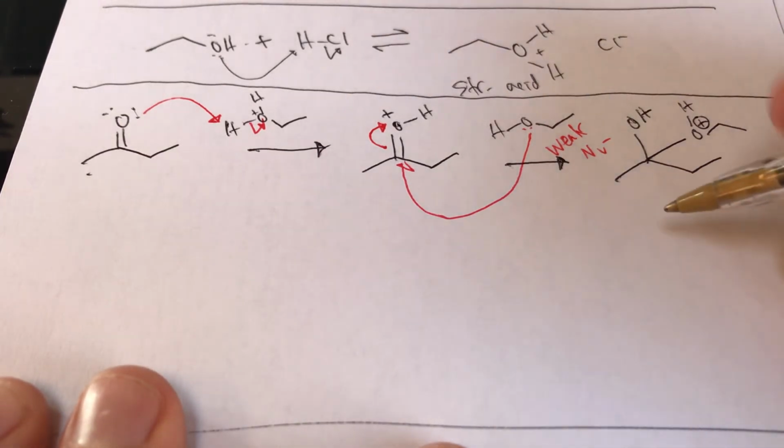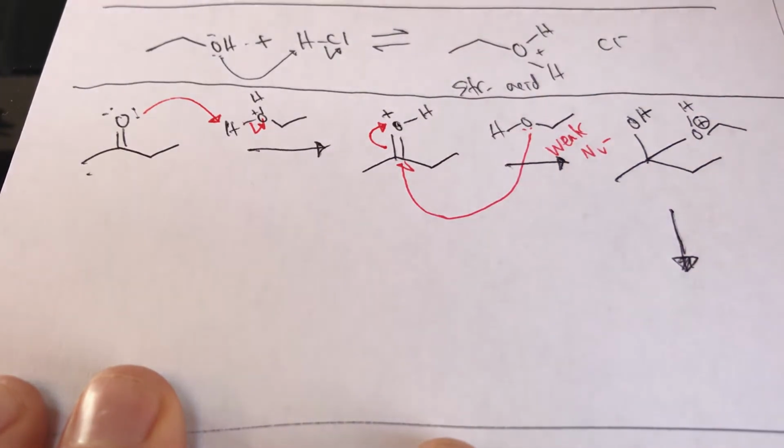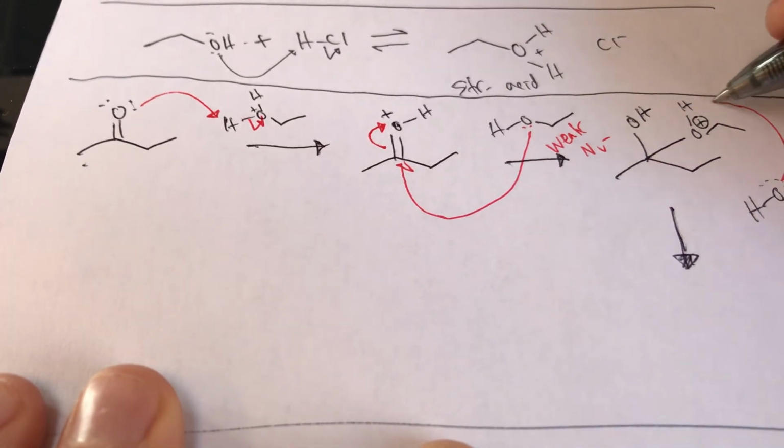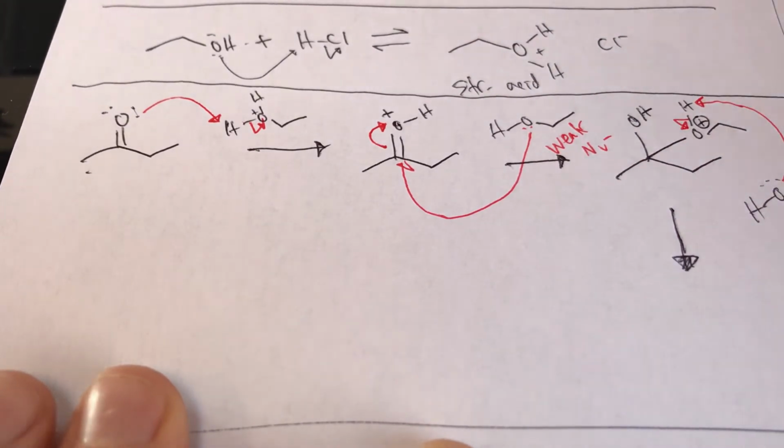So let's do a little weird one just to keep it on screen and go down. Proton transfer is probably going to happen between solvent again or another alcohol reactant. Swapping places.